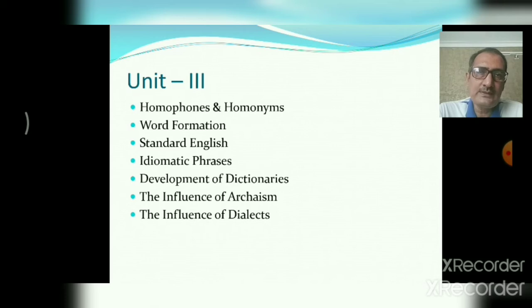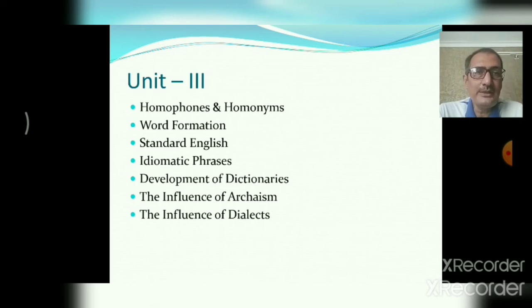The first on the list is homophones and homonyms. Homophones are those words which have different spellings but same or similar sound, whereas homonyms are those words which have similar spelling but different pronunciations. So we shall talk about these things in detail later on.